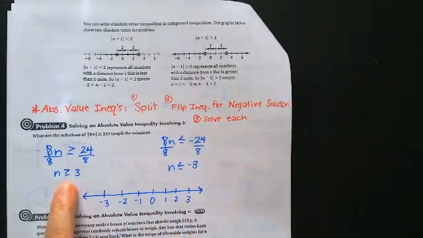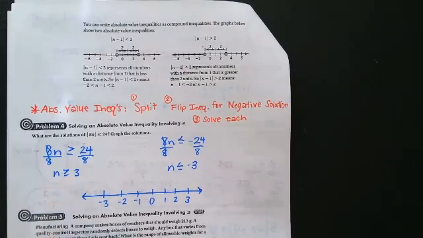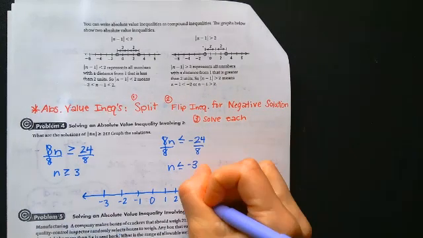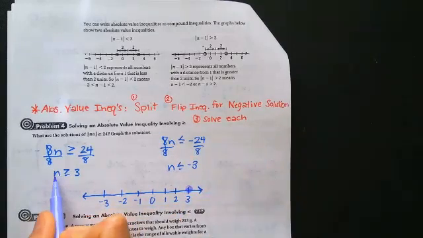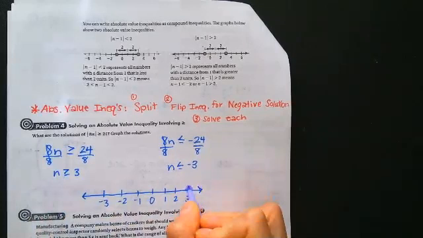Okay, and so we're going to look at this. n is greater than or equal to 3. That is going to be a closed circle because there is a line underneath there. So we're going to close the circle around that. And this arrow is pointing to our right. So that one's going to point to our right.